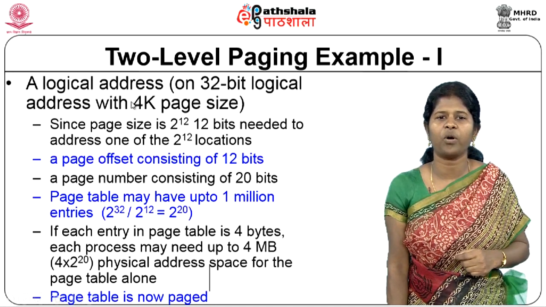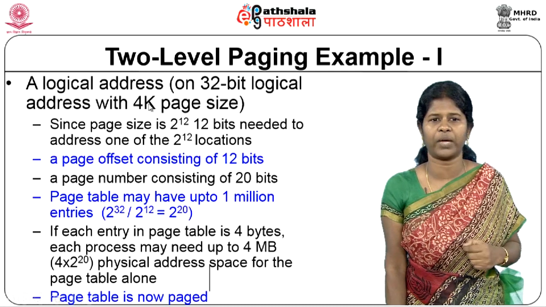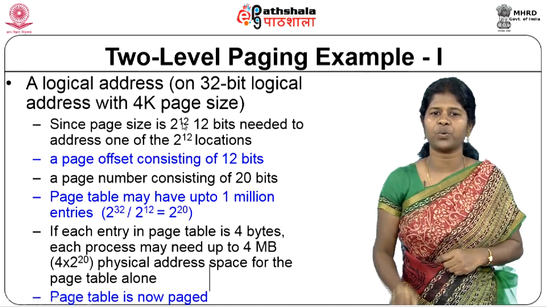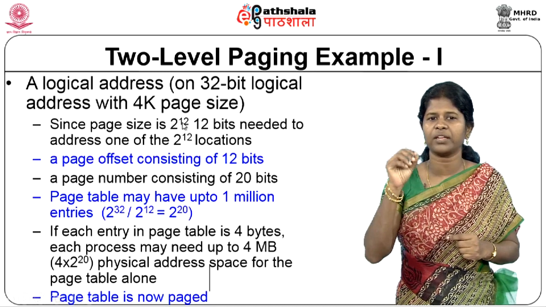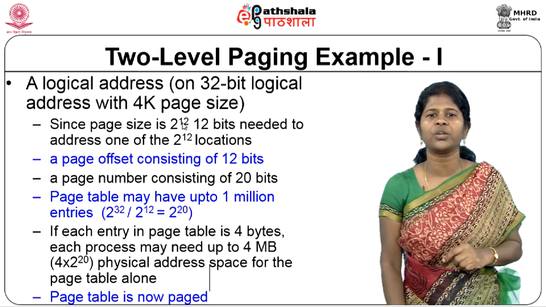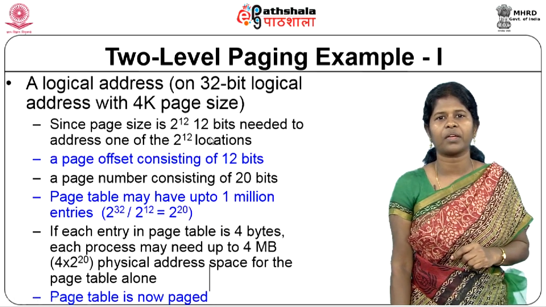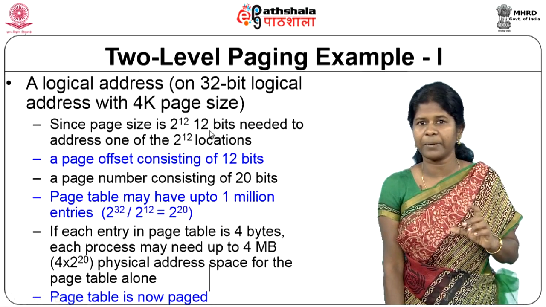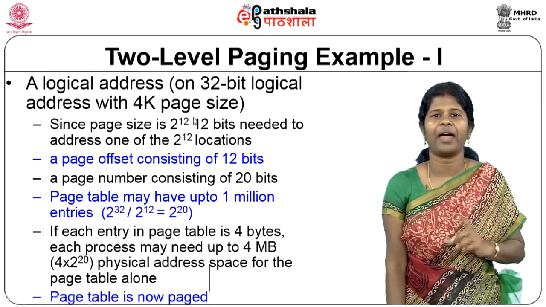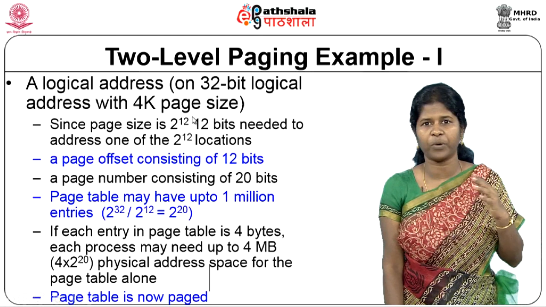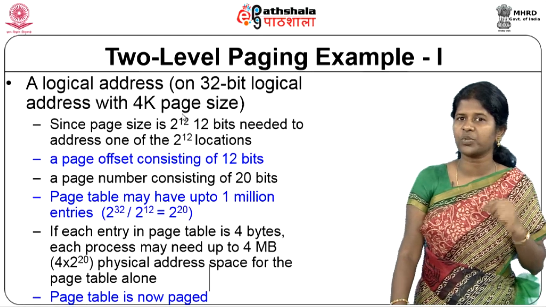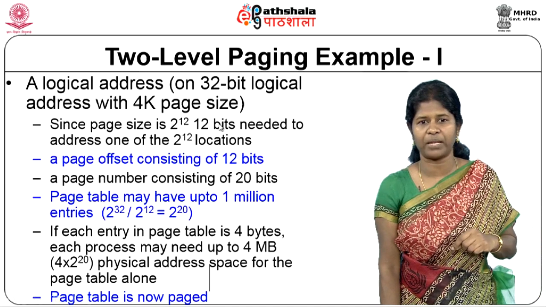So, this 4K page size is 2 power 12, and since the page size is 2 power 12, to address one of the 2 power 12 locations within a single page, you need 12 bits. I repeat again, each page is 2 power 12, and hence you have 2 power 12 locations within each page, and hence to address one of them you need 12 bits.